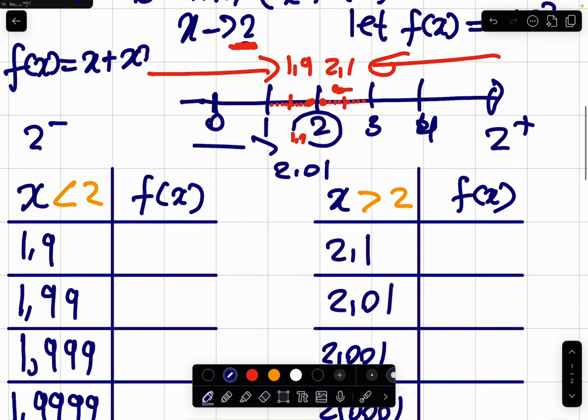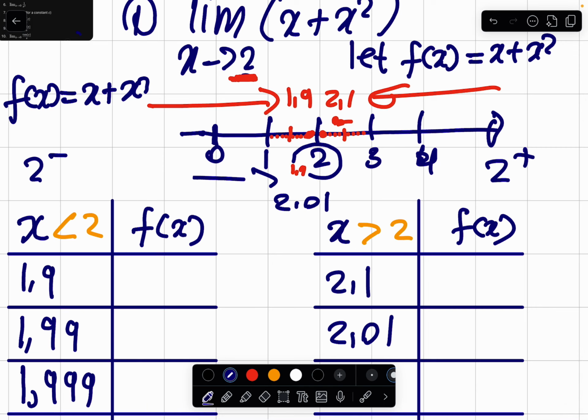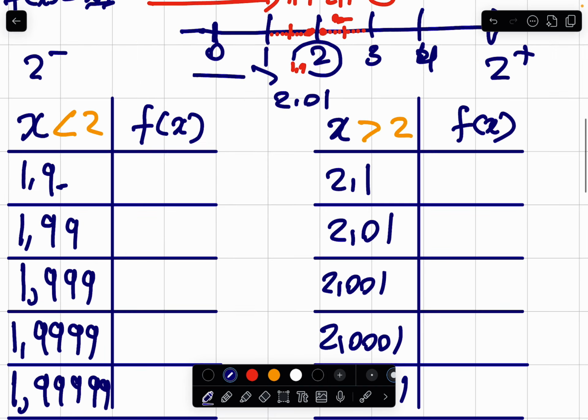Understand? So now is your time to find the value of f of x when x equals 1.9. You substitute this 1.9 here, then you say 1.9 plus 1.9 all squared. Then you find your answer is 5.51. Then you substitute 1.99 and find your answer is 5.9501.